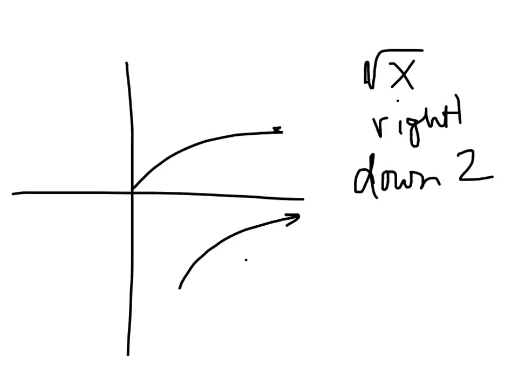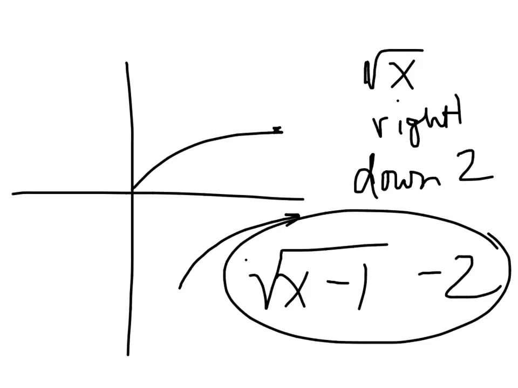Good. So when I write the rule, how do I write right 1? Inside the parentheses, so square root of x minus 1. How do I do down 2? Outside. Minus 2. And done.